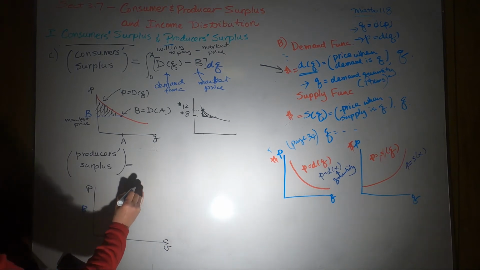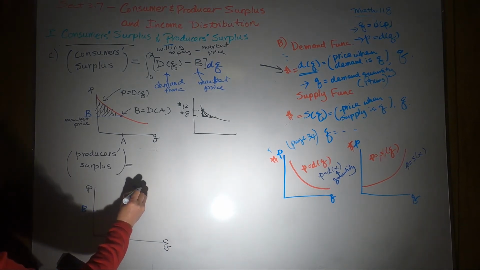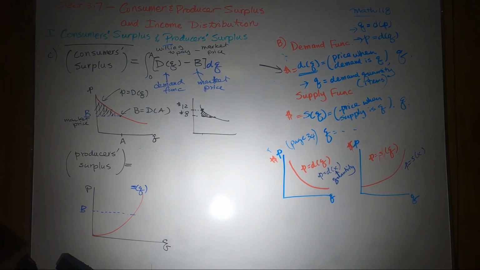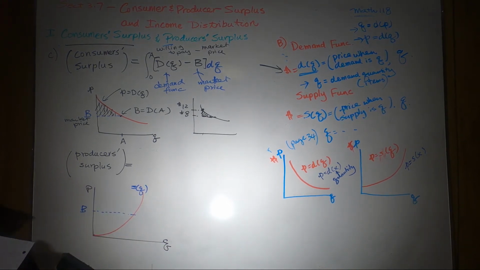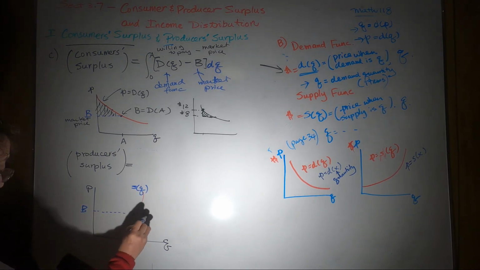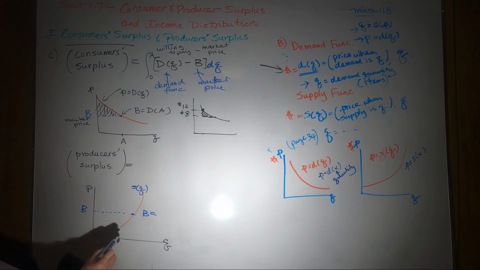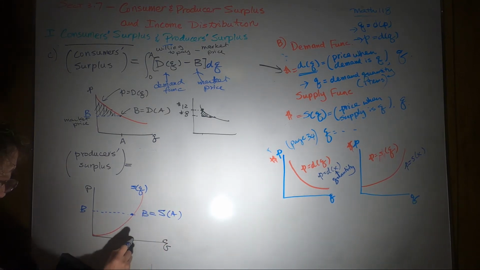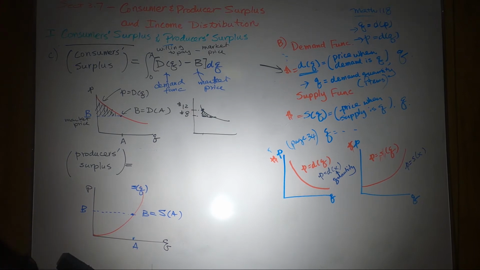So this one will be what? S of Q, right? Supply, producers, okay, surplus. So that's our supply function. So at this point, market price, okay, to a point, then that would be the surplus, then would be the supply function to this point of quantity.